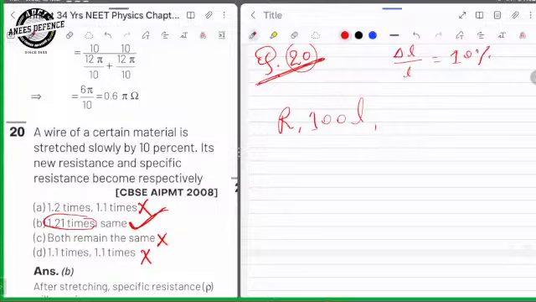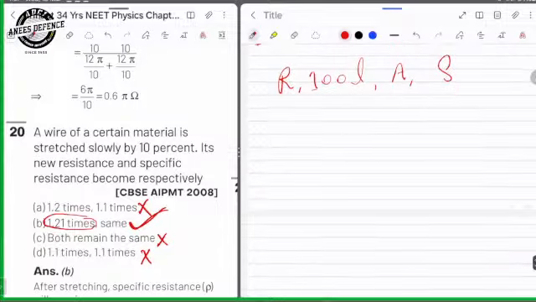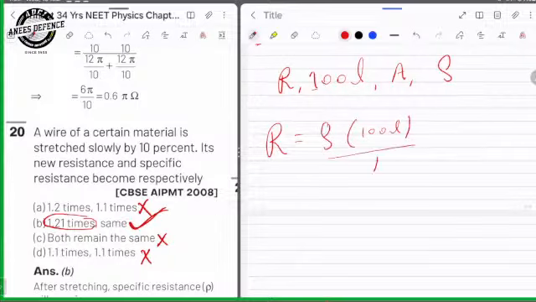So R is equal to 100 L, and the cross-section area is A. Any doubt? No. Resistivity is rho. So now R is equal to what can you write? Rho L upon A. Clear?